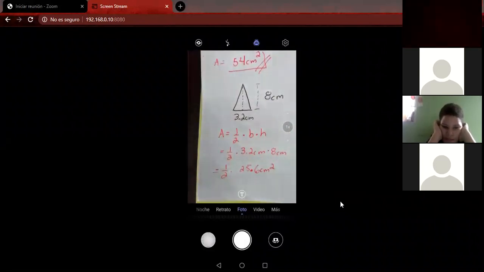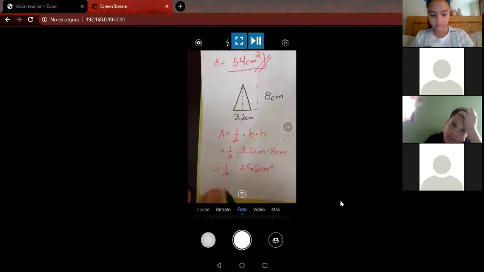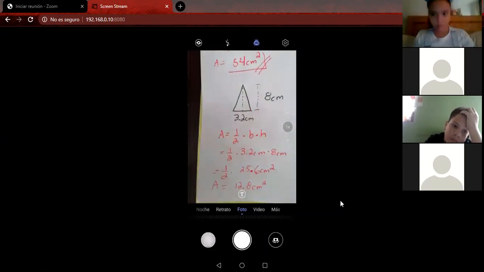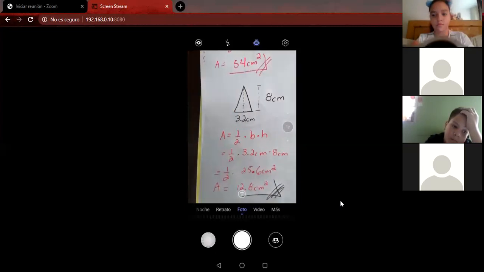Now, ¿qué es lo que tengo que hacer? Sacarle la mitad a 25.6. Eso lo dividen o como ustedes gusten, ¿verdad? This is 12.8 centimeters square. So my area is 12.8. Okay?